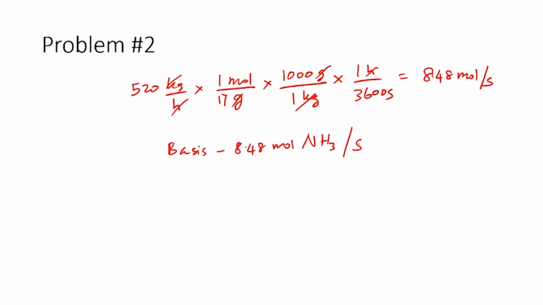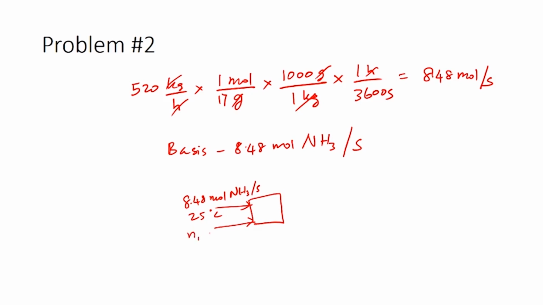So, using this basis, let us now draw the flow chart for the system. We have been told that there is a gas blending unit where you have one feed which is ammonia, that is 8.48 moles of ammonia coming in per second at 25 degrees Celsius, and there is another stream of air which is coming in. We do not know the number of moles of air which is being fed.